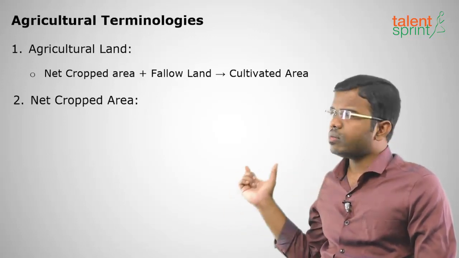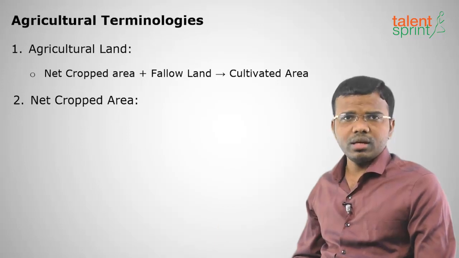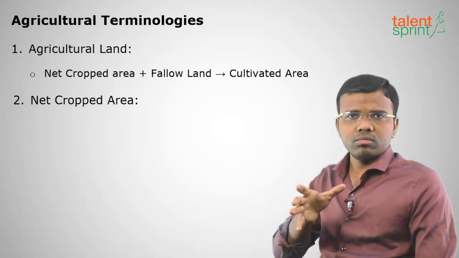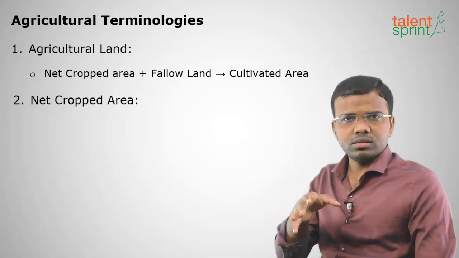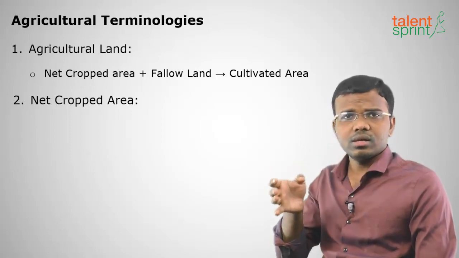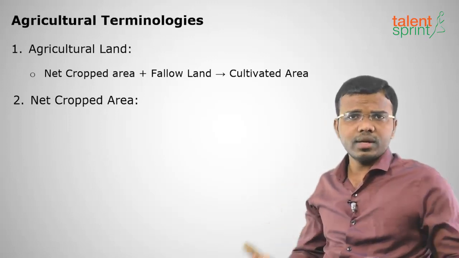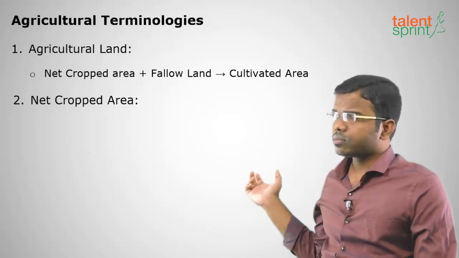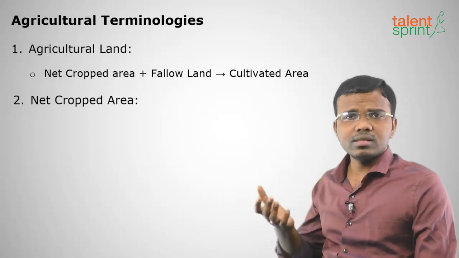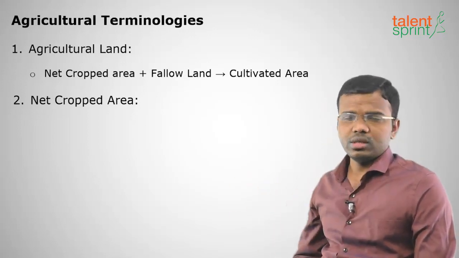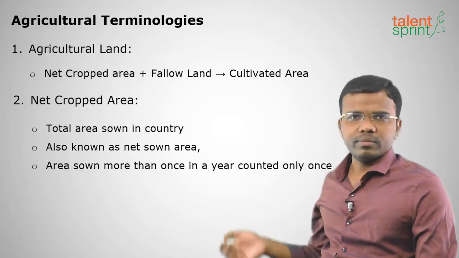Okay, what do you mean by net cropped area? Net cropped area means where the crop is sown, where you want the product. Suppose you have 5 acres, and you are sowing only 3 acres. Here the net cultivated area is only 3 acres. And if you cultivate more than once in a year, it is not taken into consideration in net cropped area.